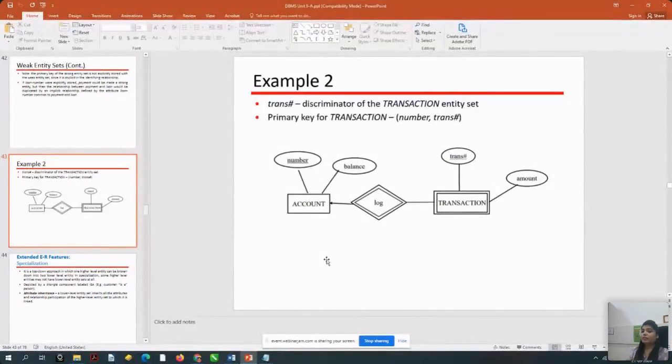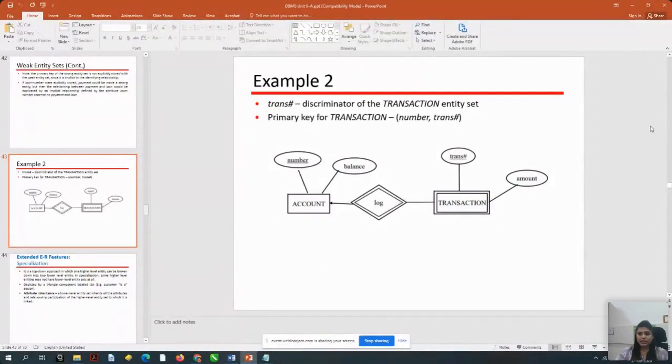But anytime the weak entity set can be converted to the strong entity set by explicitly storing the primary key of the entity set to which it is linked in the weak entity set. Then it will change to a strong entity set. Okay.